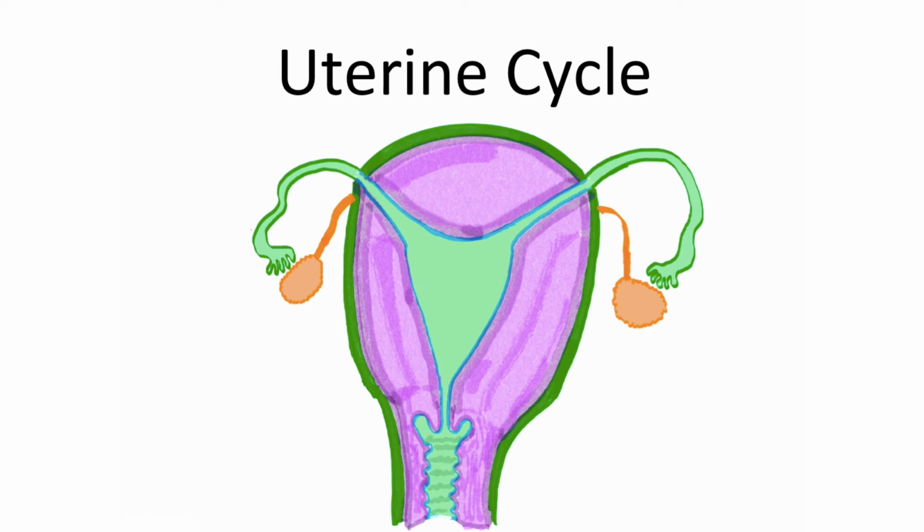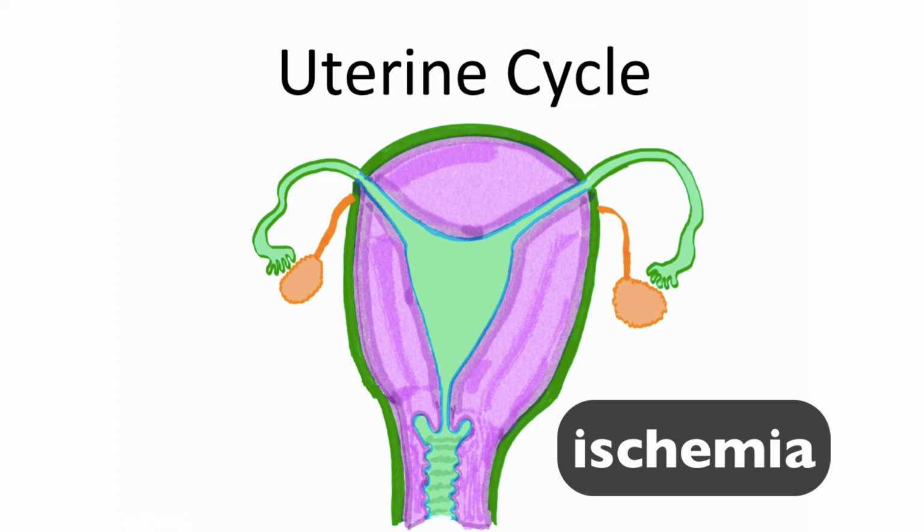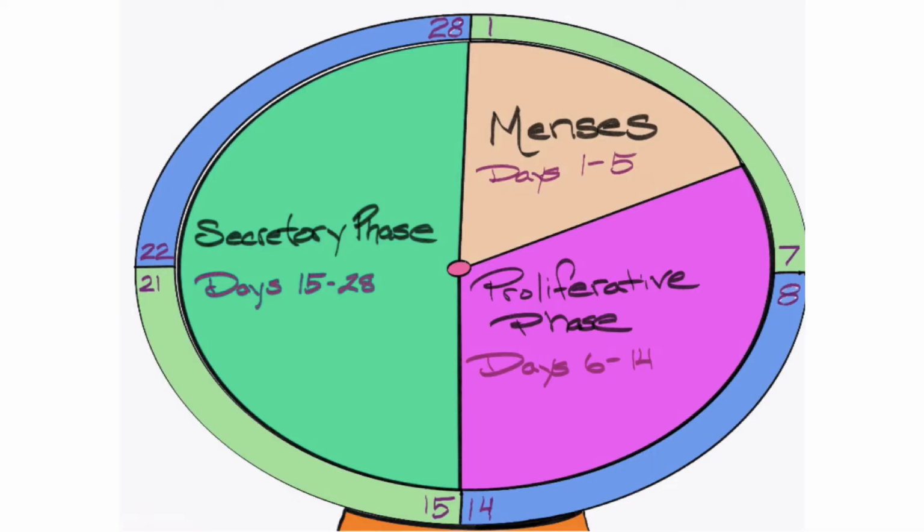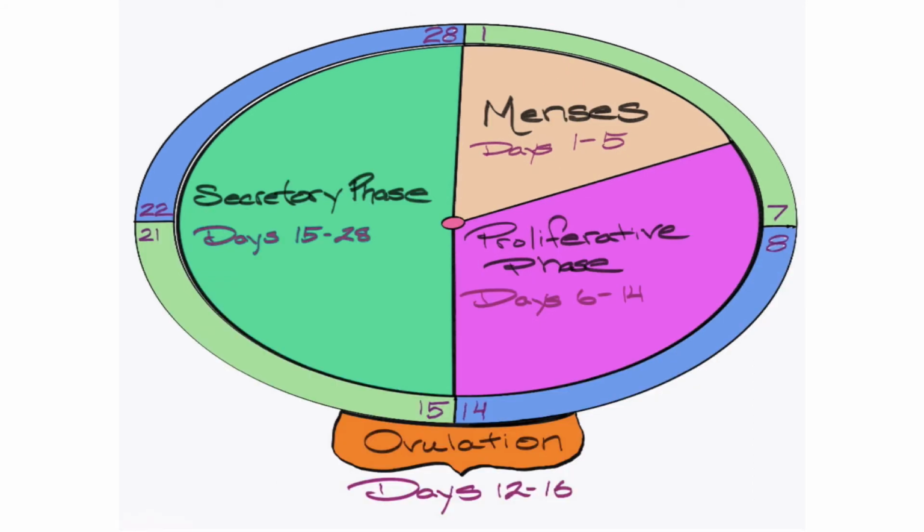When blood flow is diminished to an area, there is low oxygen delivery to that tissue, known as ischemia. And if the tissues don't have adequate oxygen, they degenerate. And in this case, the stratum functionalis will degenerate due to lack of oxygen, and then it will slough off, causing menses.